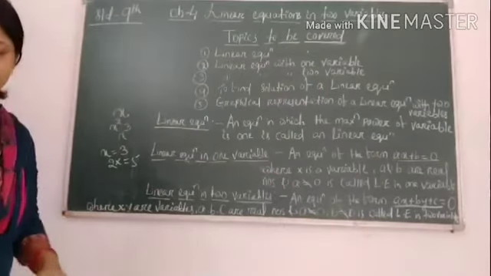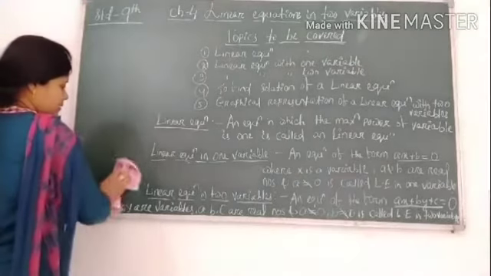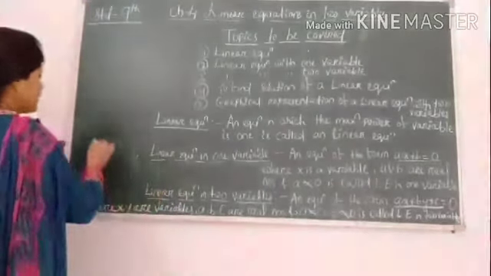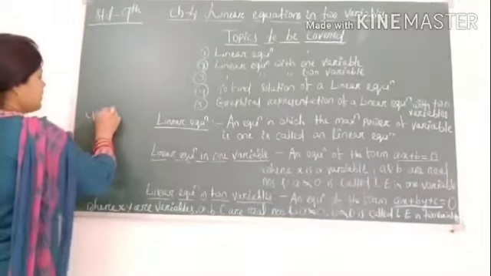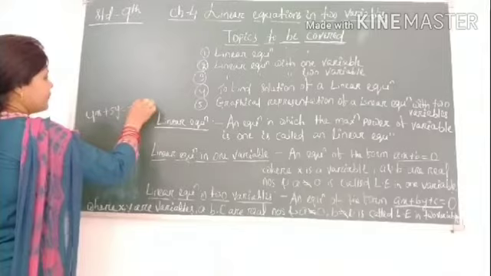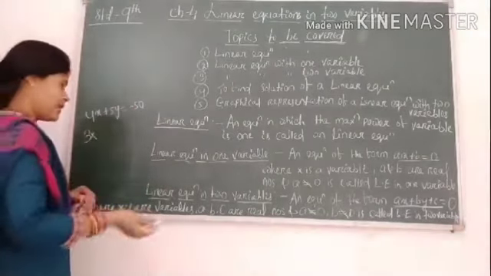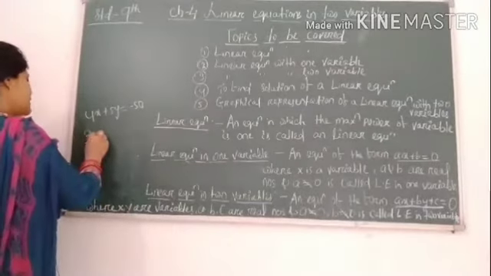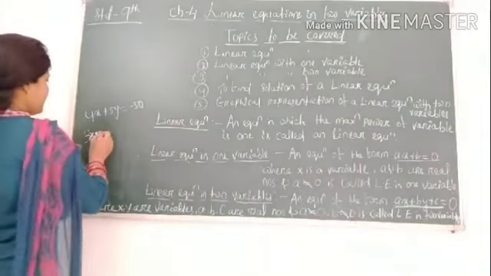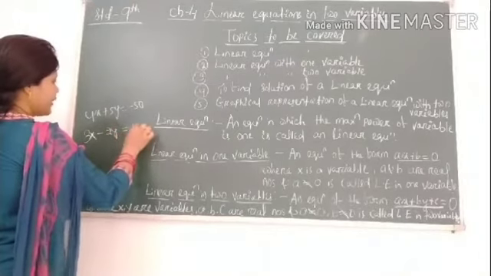Suppose here I will write examples of linear equation in two variables. So 4x plus 5y is equal to minus 50, and another one is 3x minus 2y is equal to 15.